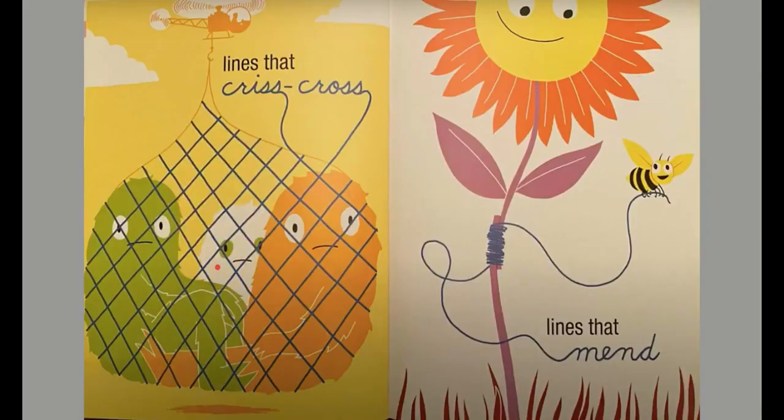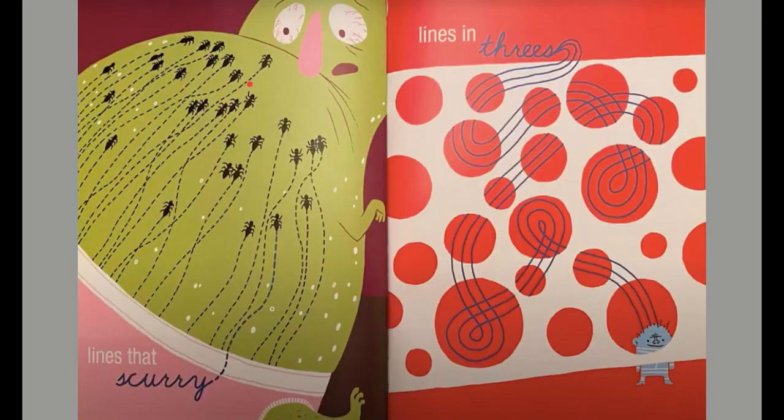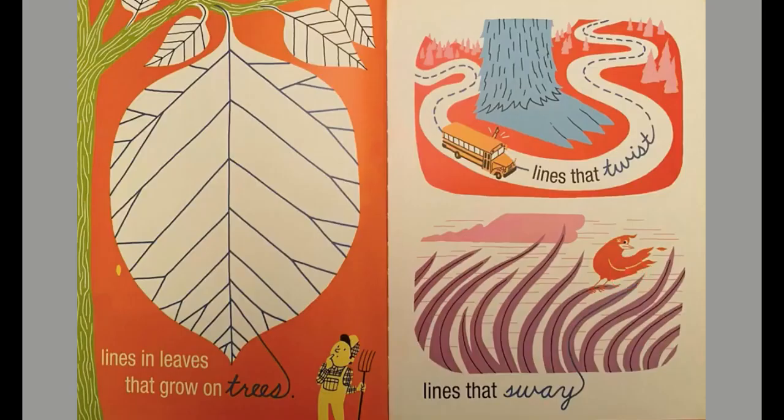Lines that crisscross. Lines that mend. Lines with doggies at the end. Lines that scurry. Lines in threes. 1, 2, 3. Lines in leaves that grow on trees.